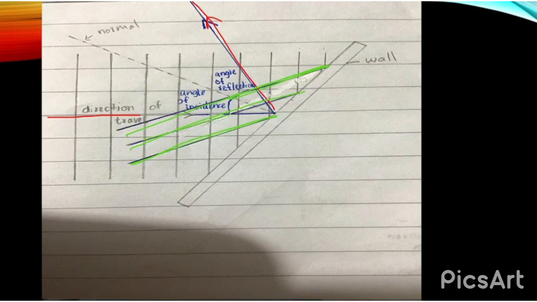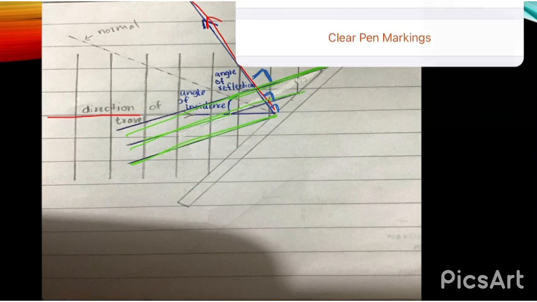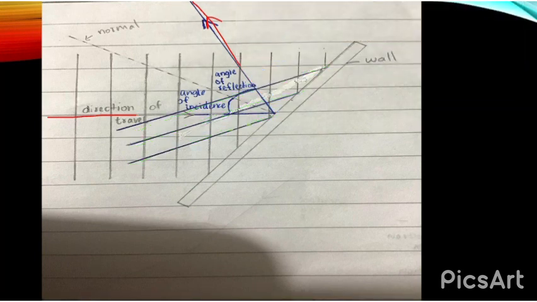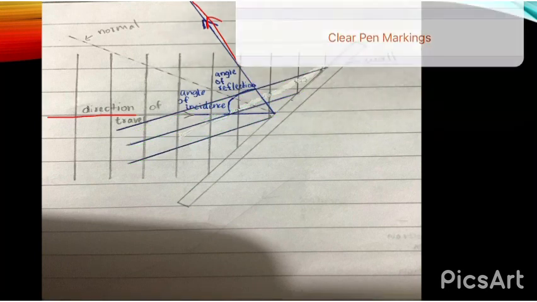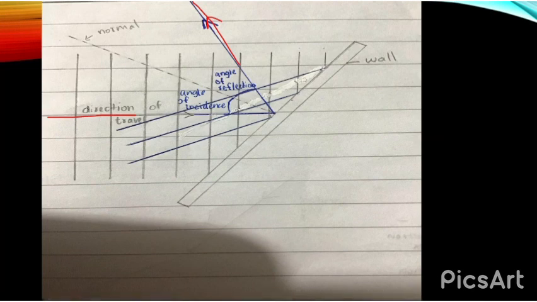So here if you see, when you mark 90 degrees over here, it will be 90 degrees. And if you see this one as well, it is 90 degrees. This one's also 90 degrees. So that's how you need to draw the reflected wave fronts. And you need to always make sure that your reflected wave fronts are 90 degrees to the reflected ray.